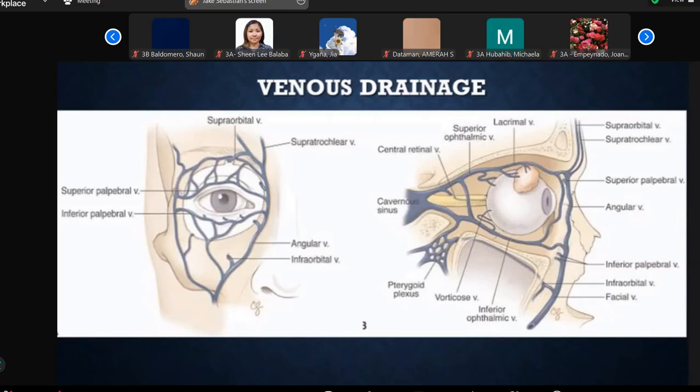Okay, since the choroid is the capillaries of the short posterior ciliary artery, they should have a venous drainage, and this is what we call the vortex veins. So they are located in each quadrant of the eye. If you divide the eye into 4 quadrants, there are 4 to 7 vortex veins. Okay, I think that's everything for the venous drainage.